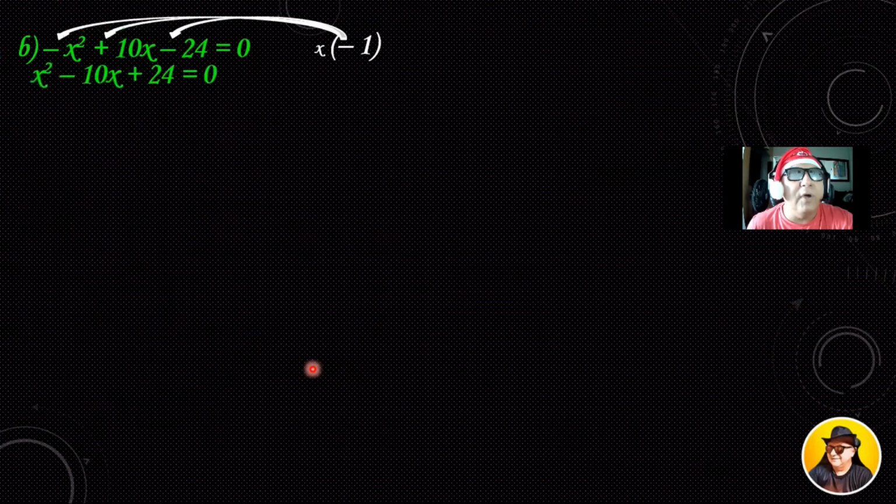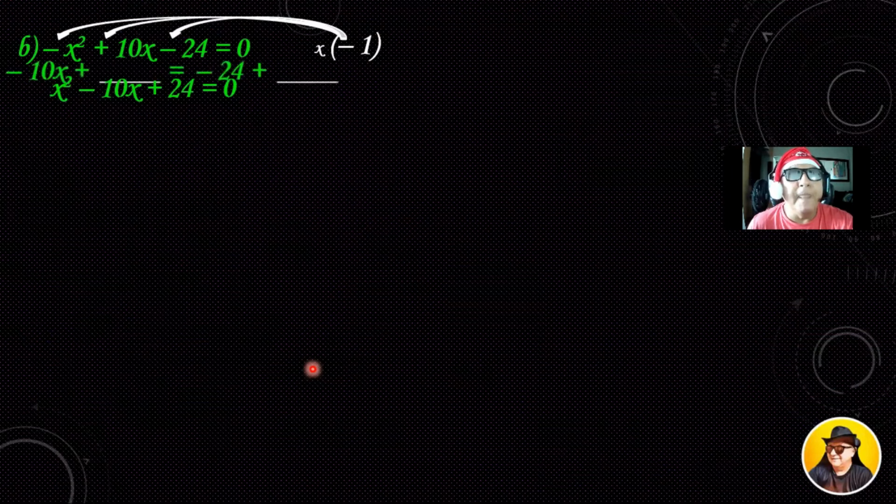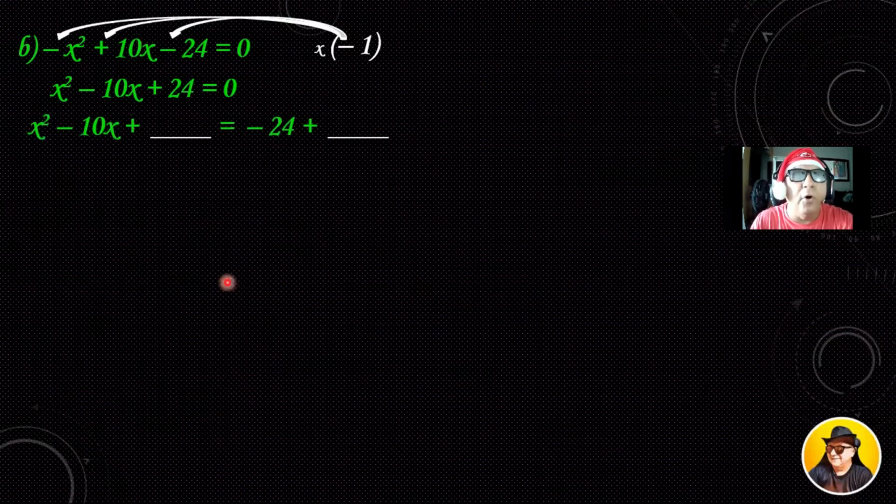So our equation now becomes x squared minus 10x plus 24 is 0. Focus on plus 24. Move it to the right side, and it becomes minus 24. At the same time, don't forget to write two blanks, one on the left side and the other on the right side.